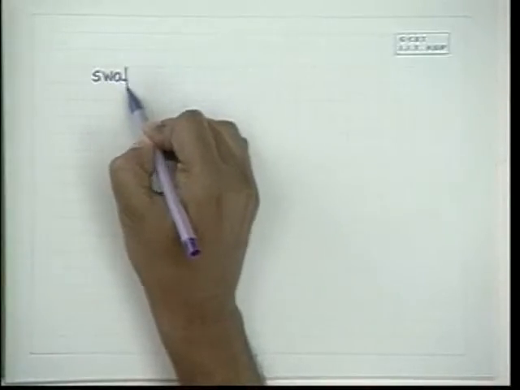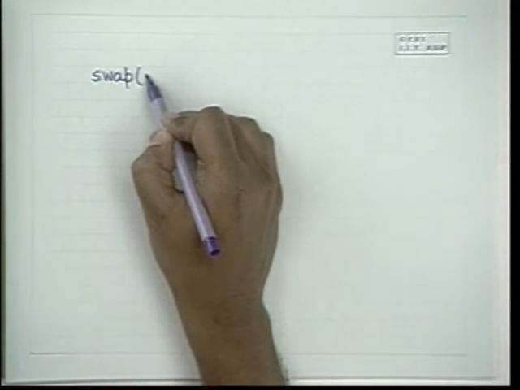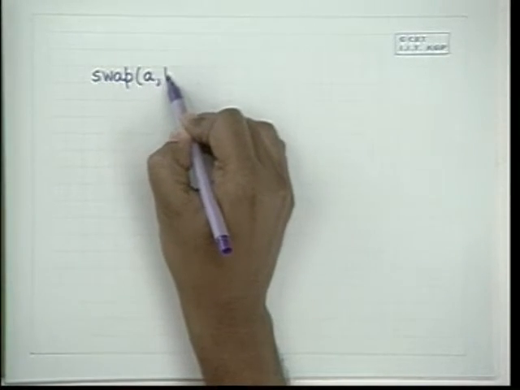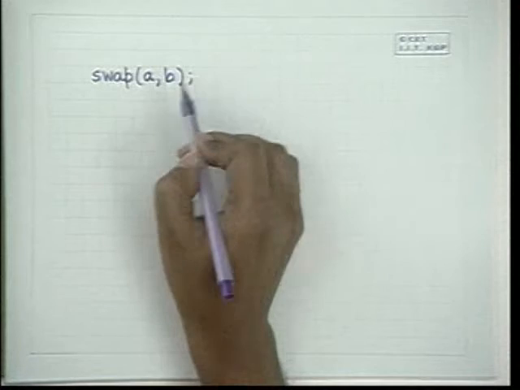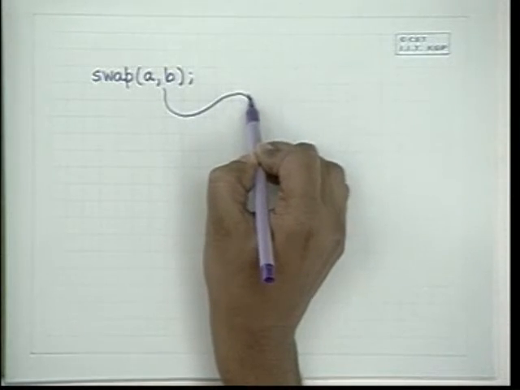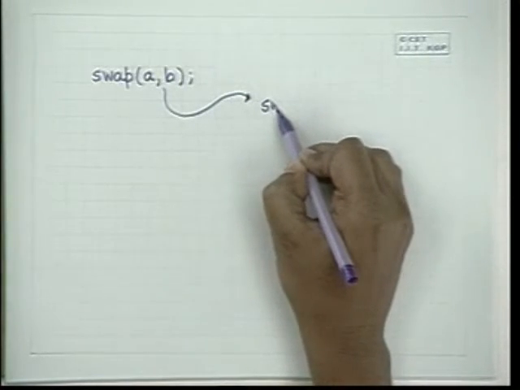So in C language, what we have is we had the swap routine like this. A call to the swap routine was made like this, swap a b, and this generated a call to swap i j.